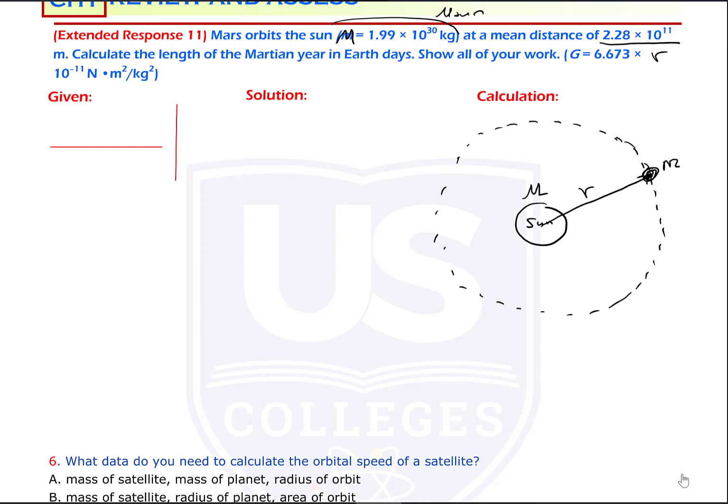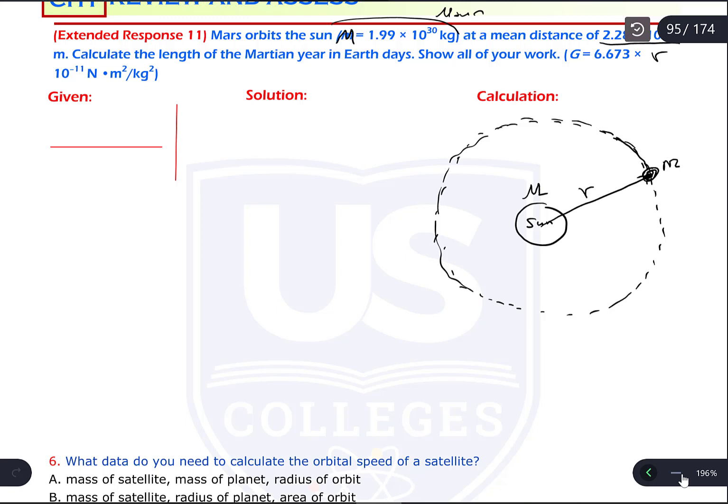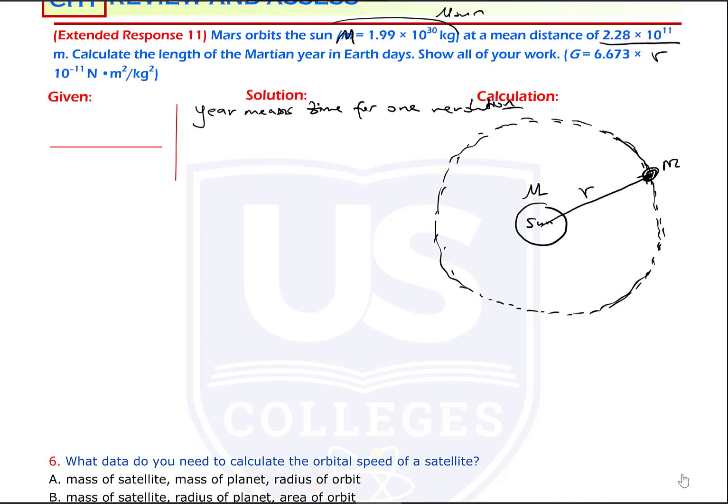Calculate the length of the Martian year in Earth days. That is, what is the time for one revolution of Mars around the Sun? Because a year means the time for one revolution. So delta T for one revolution I will calculate.